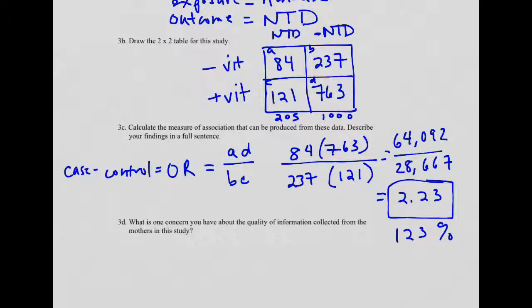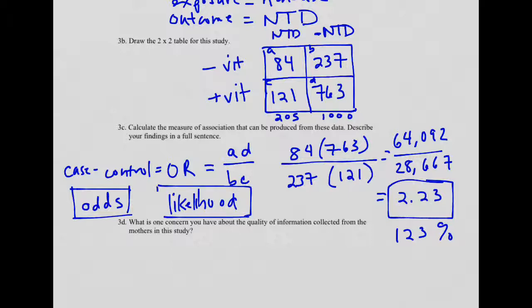Okay, so the key pieces here, if we calculate an odds ratio, we always talk about odds. So higher odds, increased odds, lower odds, however you want to say it. Be very careful to avoid the word likelihood, because if you remember, likelihood refers to incidence and measures of relative risk, and especially where our disease outcome is very prevalent in our population, our odds ratio will be very different than our measure of relative risk.